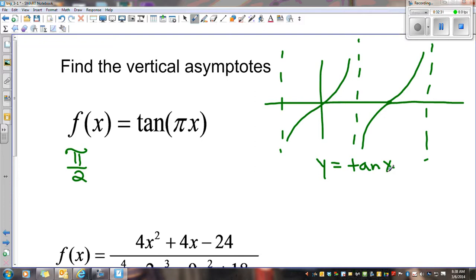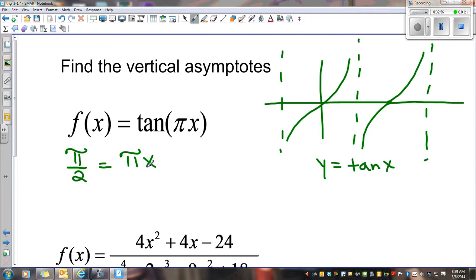We have pi x. We've got to make this equal to our angle so we can find out where it happens the first time. Mark said it's going to happen, and then I'm going to add pi to it.